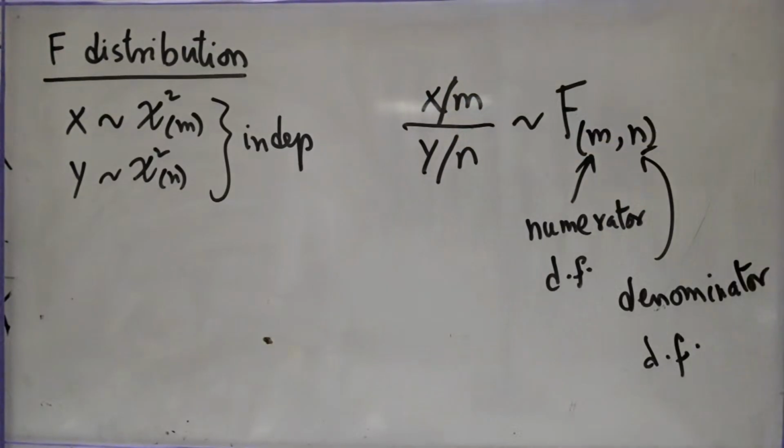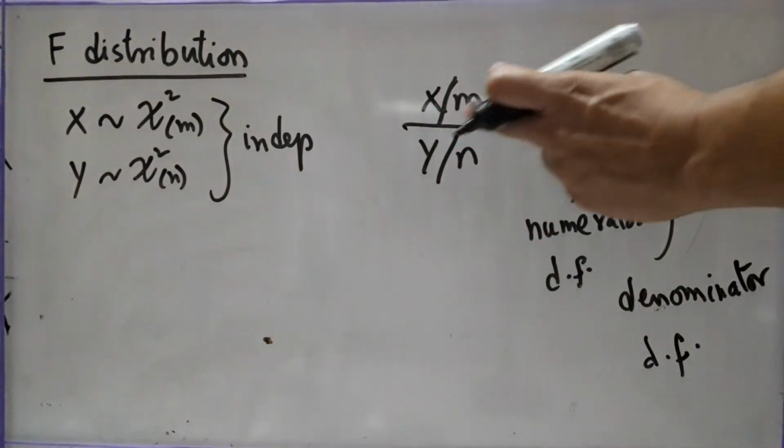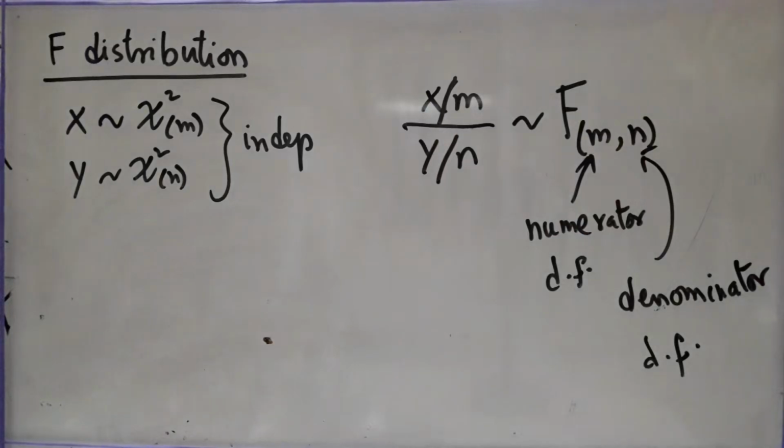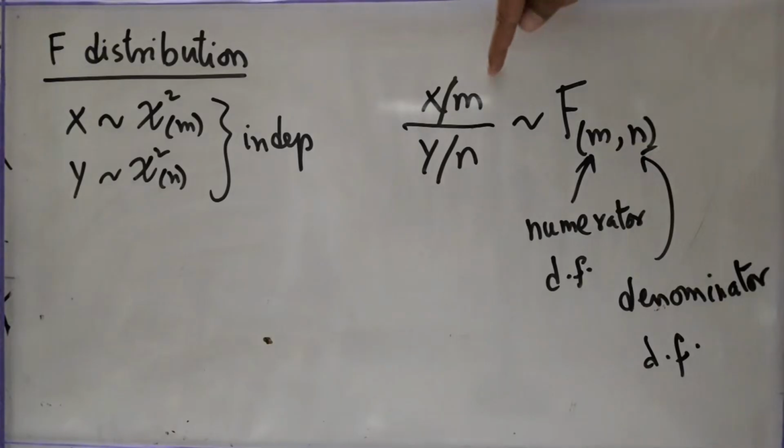Be a little alert that if you just simplify it, you will notice that n will actually go upstairs and m will come downstairs. But I talk about numerator and denominator because they are associated with the numerator random variable or the denominator random variable.